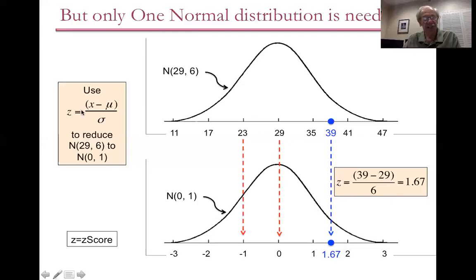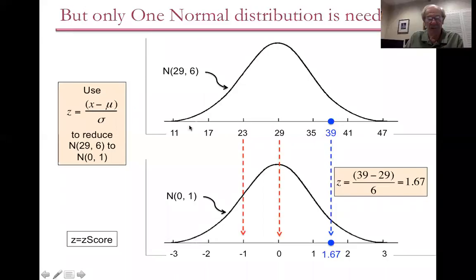The z is also called the z-score. That's what I generally call it. Most people call it a z-score. Where does 29 go? If I take a BMI of 29, I put a 29 in this equation for x.